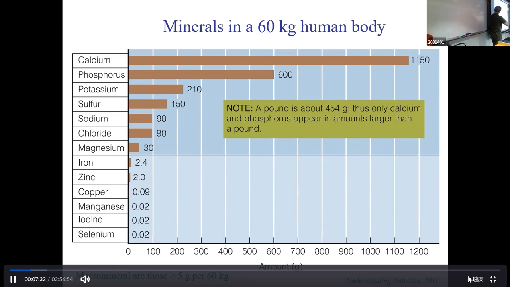So for example, magnesium, which is the last of the macro minerals, your body has something like 30 gram. Then you come to the micro, and you can see iron, you will have much less. I would like you to know which are the macro. Once you remember the macro, then the remaining would be the micro.